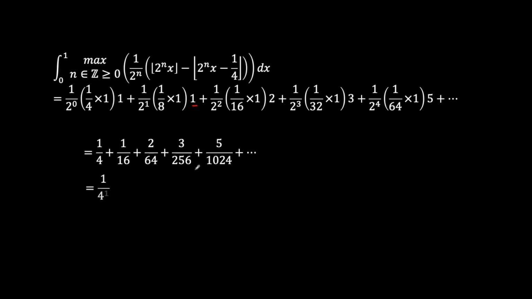So this is the same as 1 over 4 to the power 1, 1 over 4 to the power 2, 2 over 4 to the power 3, 3 over 4 to the power 4, 5 over 4 to the power 5.